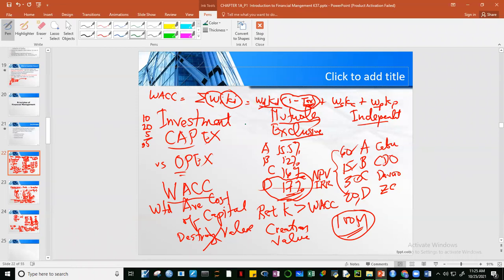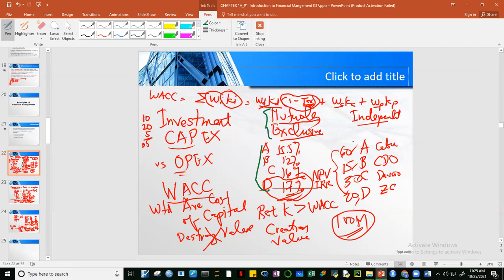We said that for mutually exclusive projects, the choice of one among these, for example, among A, B, C, D, will mean we're rejecting the others. So you're just choosing one, and that's what we call mutually exclusive projects.